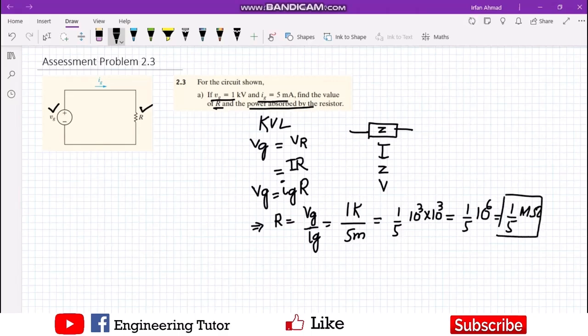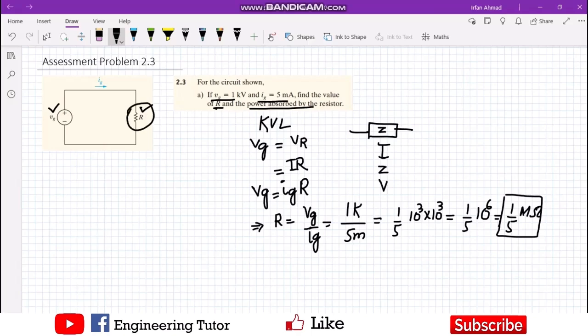This is a very easy, very basic question, but what I want you to understand is the basics of KVL. Suppose this is something you have in total, so whatever is available here will be consumed.